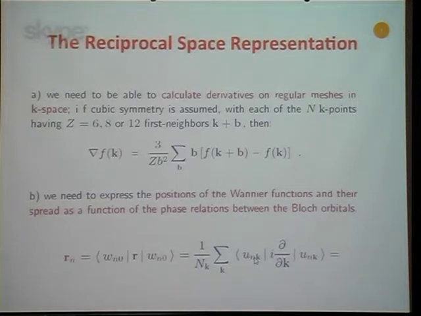The integral, rather than being over the Brillouin zone, is now discretized as a sum over a regular mesh in the Brillouin zone, normalized by the number of k points. And I need to calculate the gradient with respect to k of u of k, and I'll do that again with a finite difference.